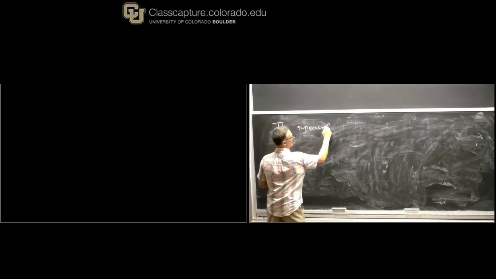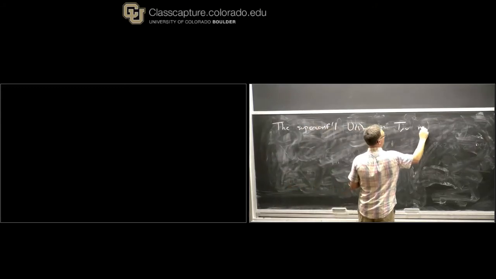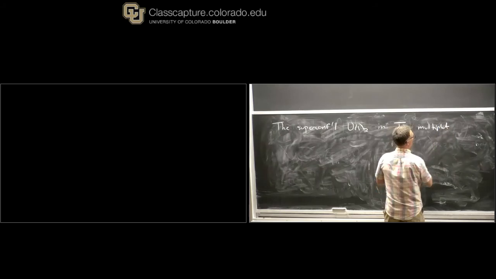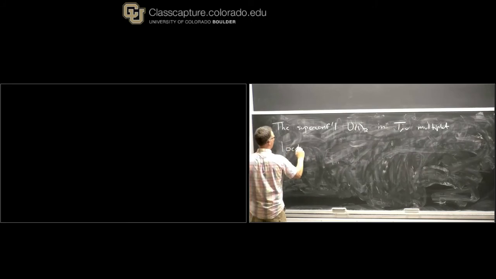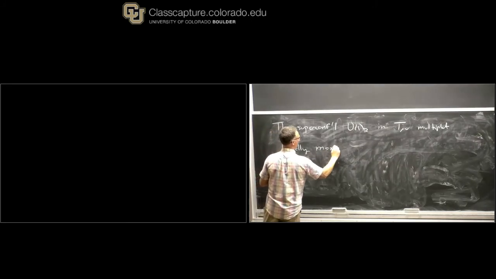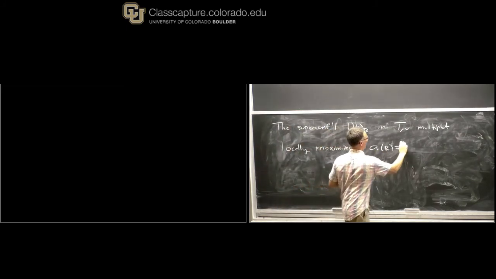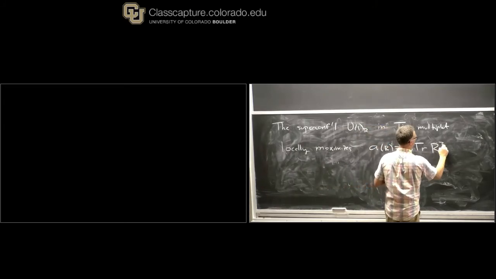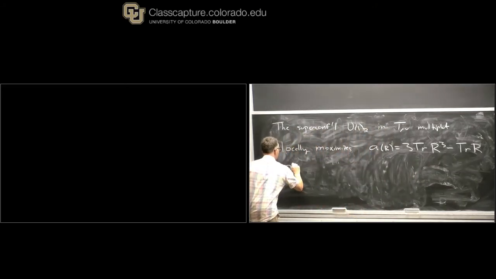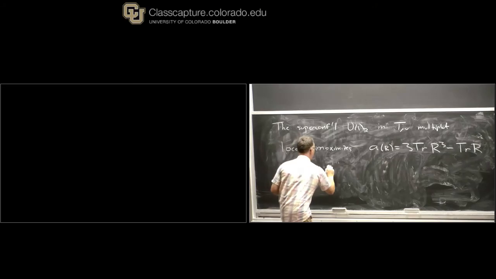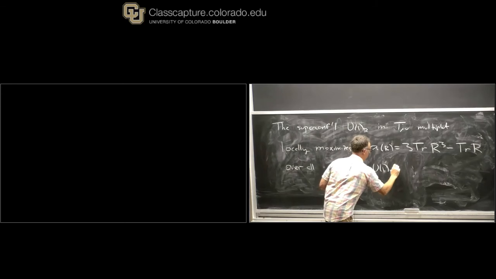So the superconformal U1R in the T mu nu multiplet has a property that it locally maximizes this A of R, this combination, over all conserved U1Rs.